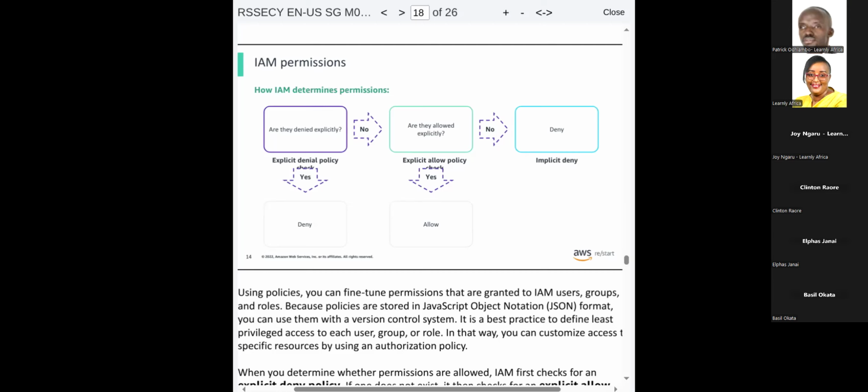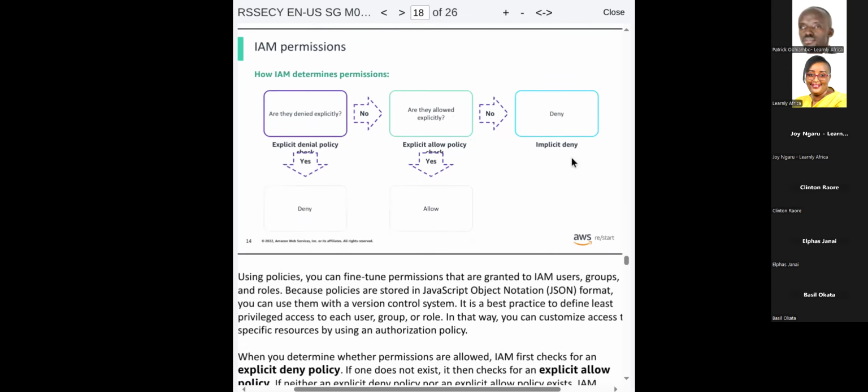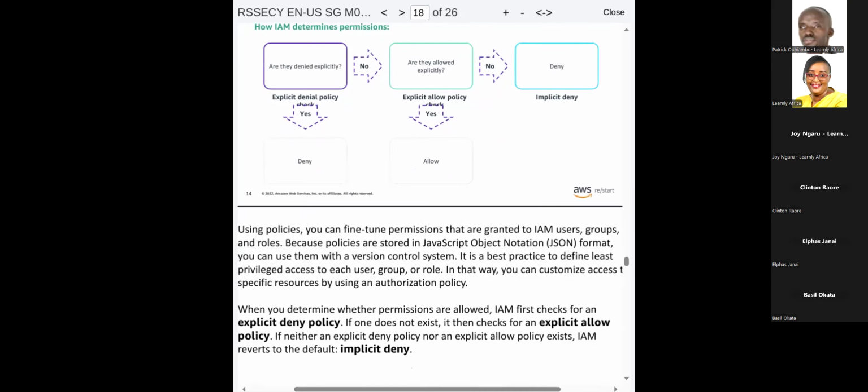It will check whether I've allowed EC2 to access S3, and if so, it will be allowed. If not, then it's going to be implicitly denied. Access denied.